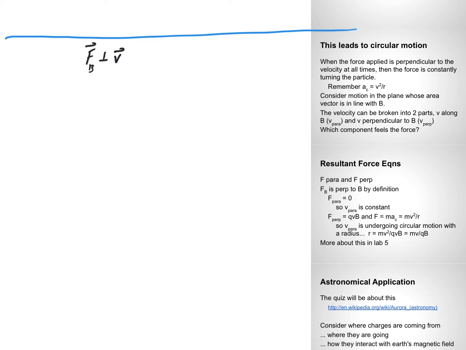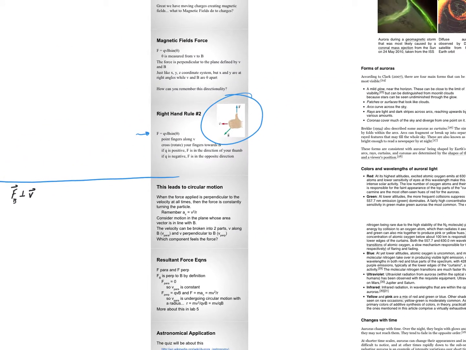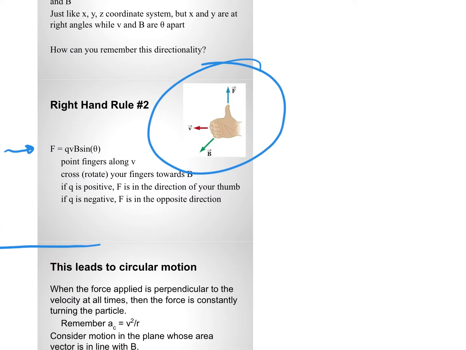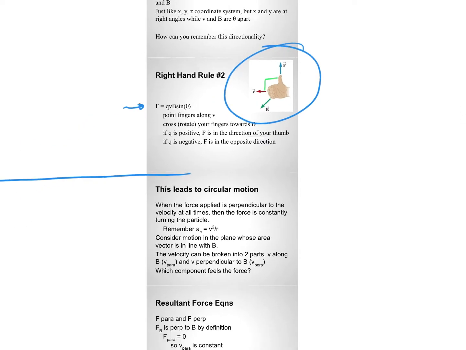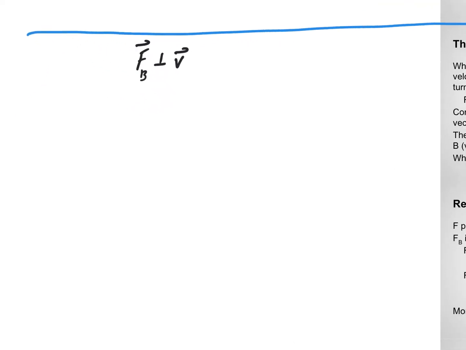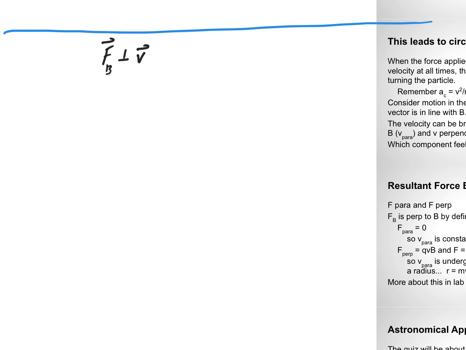That's why we have our hand set up into these right angles, so that the velocity and the force always have a right angle between them. Always 90 degrees. With that in mind, what can that force do?